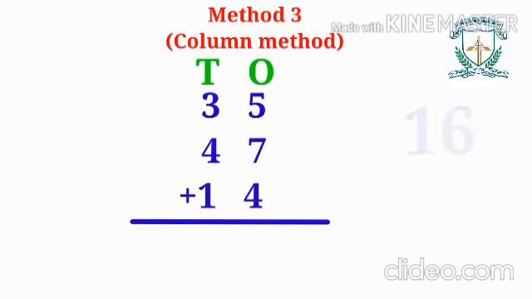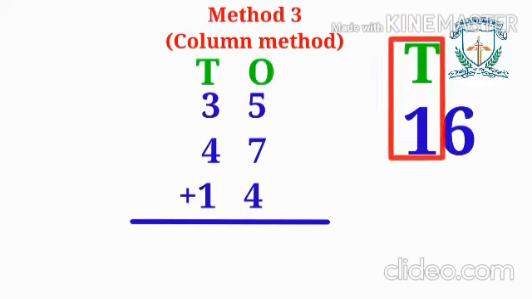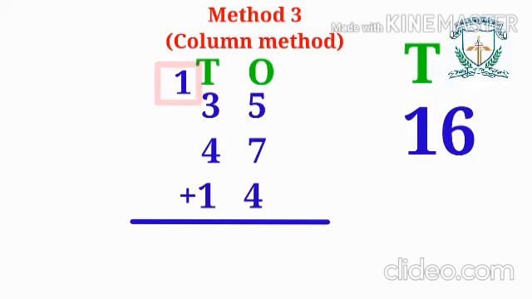As you all know that here in 16, the digit 1 is in tens place and 6 is in ones place. So the tens place digit 1 we have to keep as a carryover in tens place, and the remaining ones place digit 6 will be kept as answer in ones place.